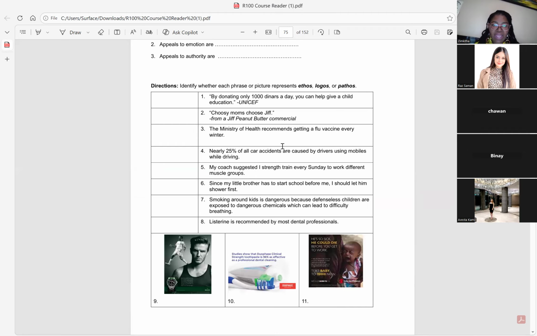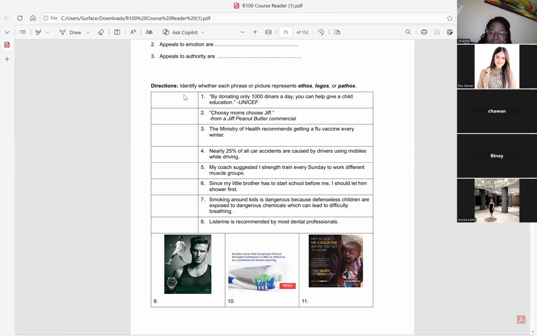All right. So what you need to do is look at each sentence and identify whether the pictures represent ethos, logos, or pathos. So there are sentences and there are also pictures here. This is just a quick way for you to see that you actually understand the different rhetoric.